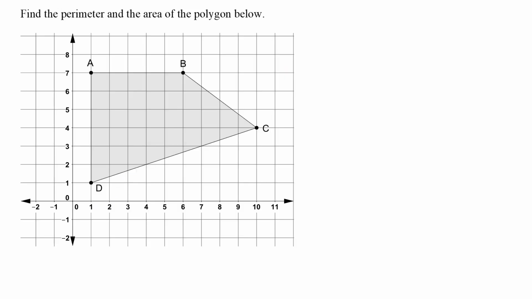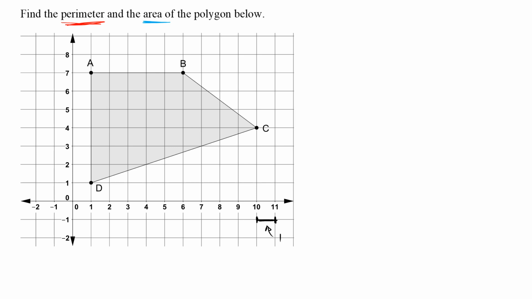We are at question number 8, and we're asked to find both the perimeter and the area of this polygon below. I guess we should probably take a moment and just talk about units here. Because units aren't clearly specified, this length, you can see that I'm drawing here from 10 to 11 near my x-axis, is 1 unit.